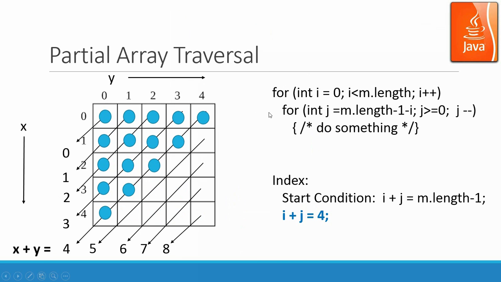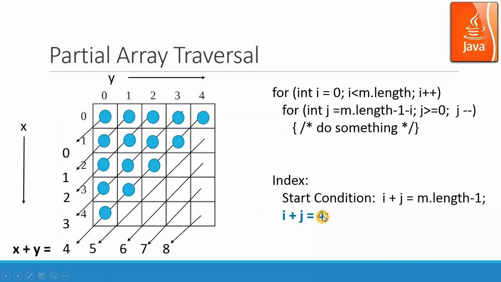On the other hand, if we start from row 0 to row 4, but each time we start from the end of the row and then go back like this, we will start from m.length minus 1 minus i. So the math will be like this: i plus j equals m.length minus 1.